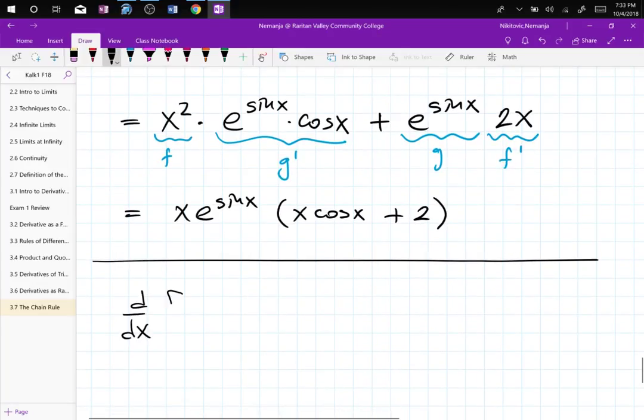Find the derivative of something interesting. Let's go with one of those functions: e to the negative 3x times cosine of 4x.